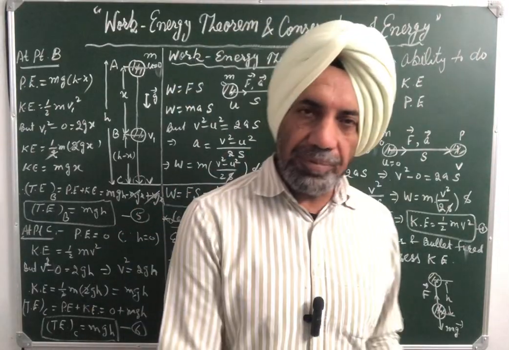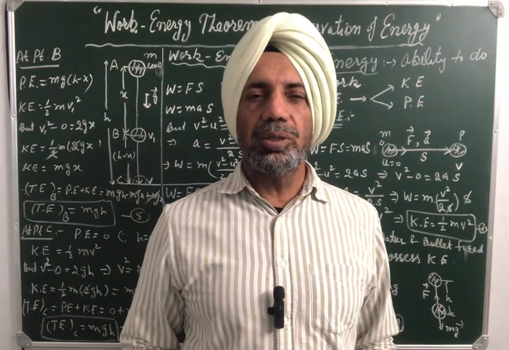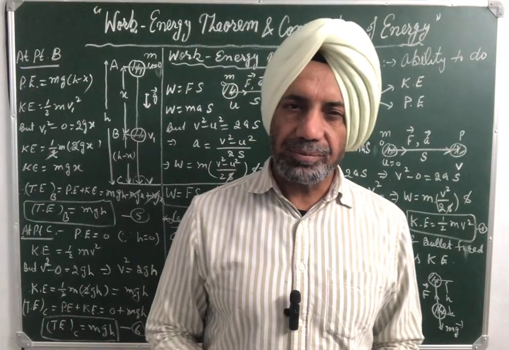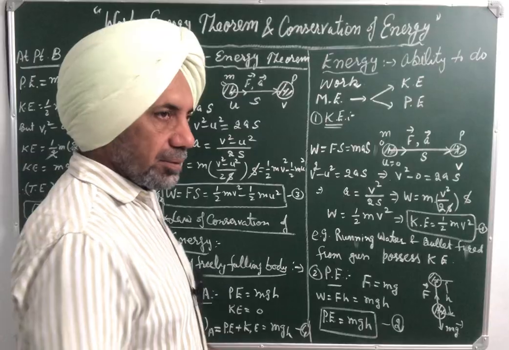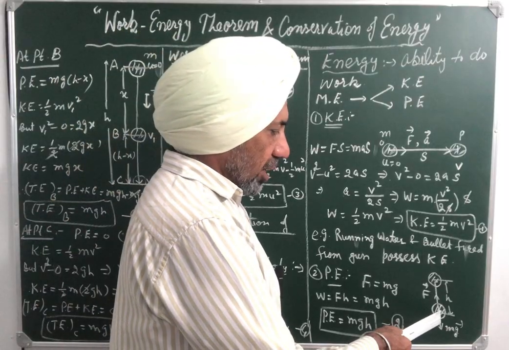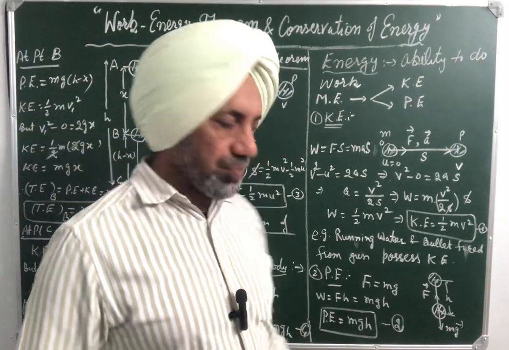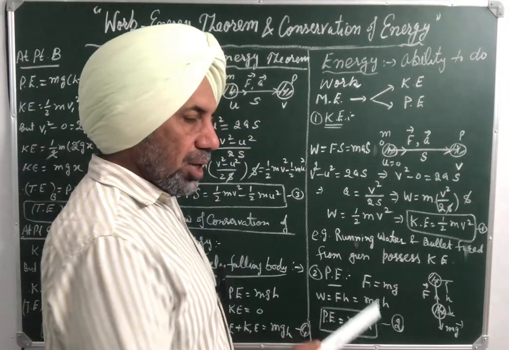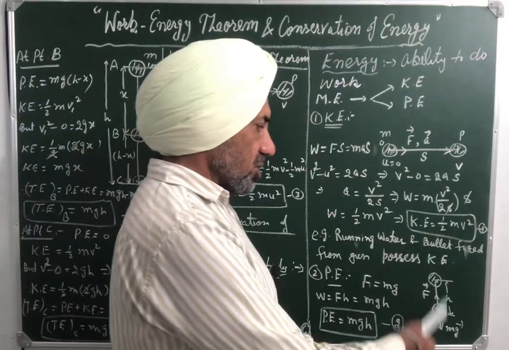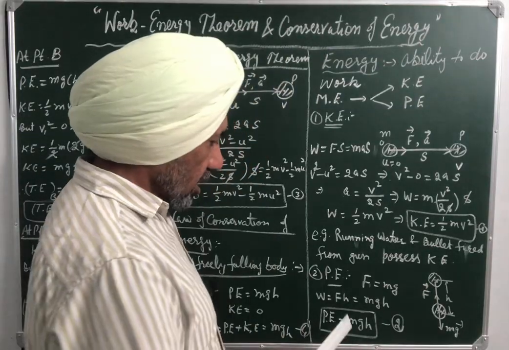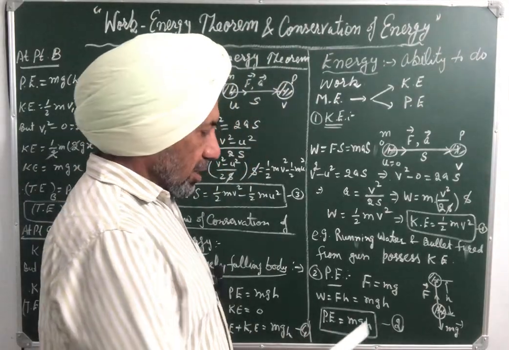So force required to lift a body is equal to weight mg. F is equal to mg. Therefore work done in displacing the body from the ground through height h is given by W is equal to, instead of Fs we have Fh now, because h is the distance covered, height attained, and F is equal to mg, so mgh.